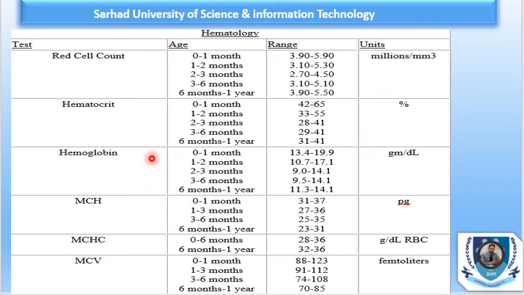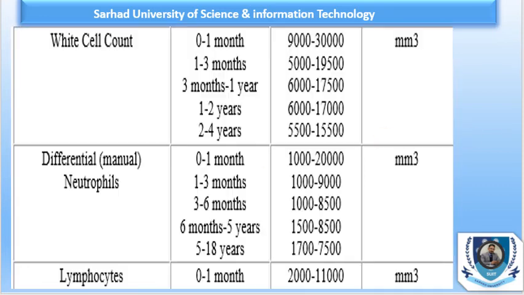Here we have different values for 0 to 1 month, 1 to 2 months, 2 to 3 months, 3 to 6 months, and 6 months up to 1 year. We have different normal values for red blood cells, hematocrit, hemoglobin, MCH, MCV, and MCHC. White blood cells also have different values at different ages. For up to 1 month, the normal count is 9,000 to 30,000.